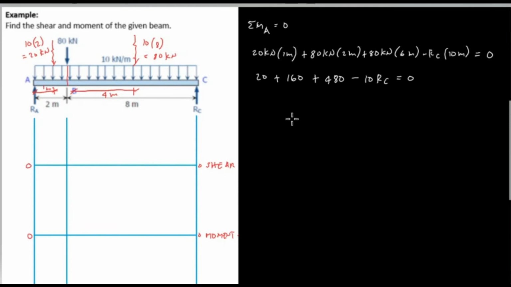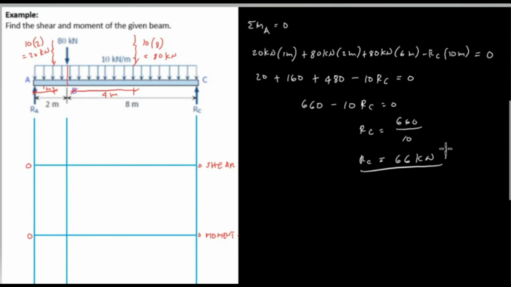Sum up 20 plus 160 plus 480, and the total is 660 minus 10 RC, which is equal to 0. RC is equal to 660 all over 10, or RC is equivalent to 66 kilonewton. So we have reaction RC, which is 66 kilonewton, and the direction is upward direction.